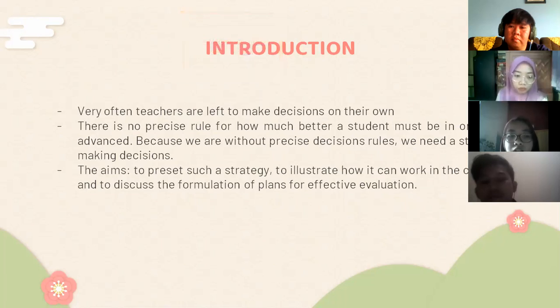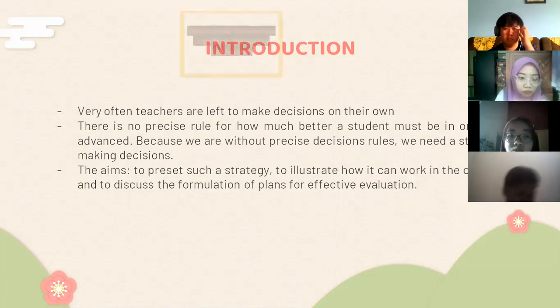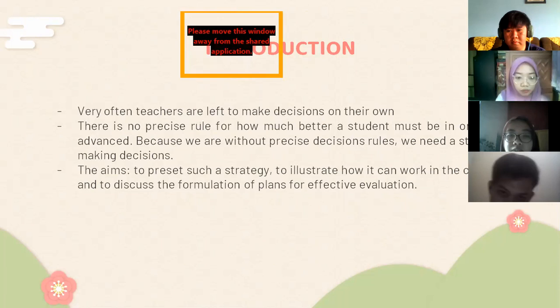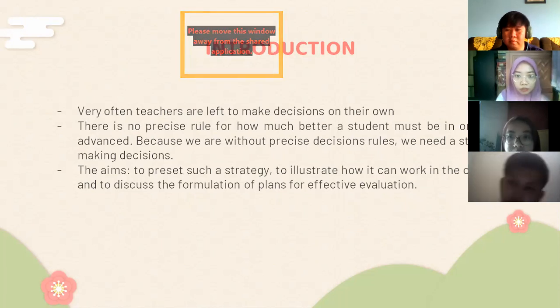There is no precise rule for how much better a student must be in order to be advanced, and we need a strategy for making the decisions. So the aim of this topic is to present such a strategy, to illustrate how it can work in the classroom, and to discuss the formulation of plans for effective evaluations.